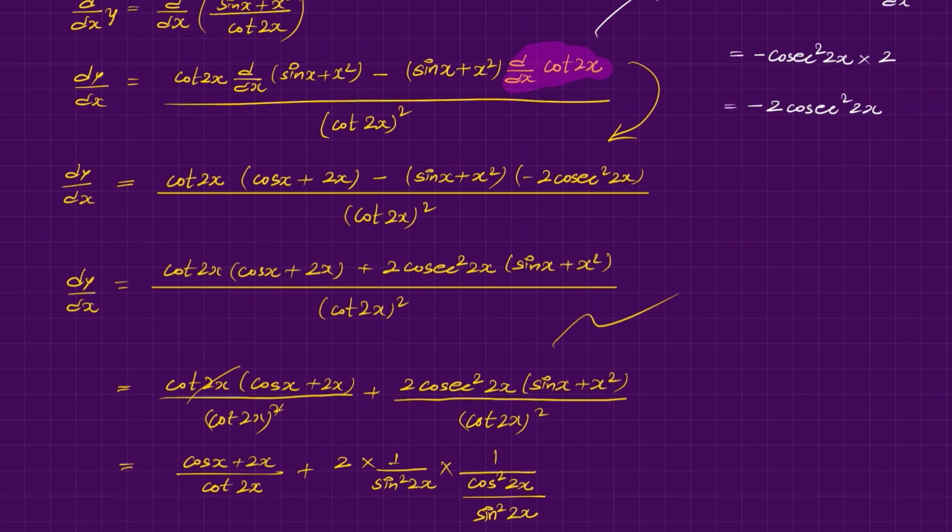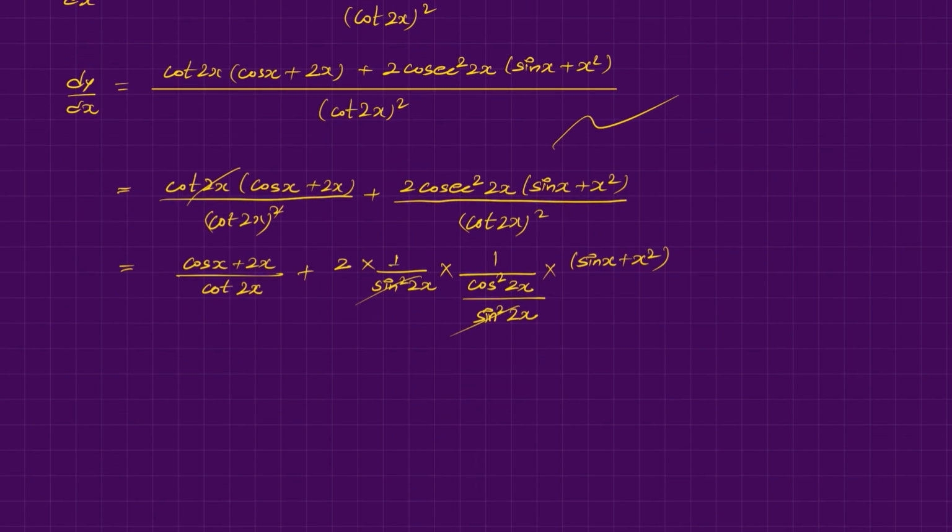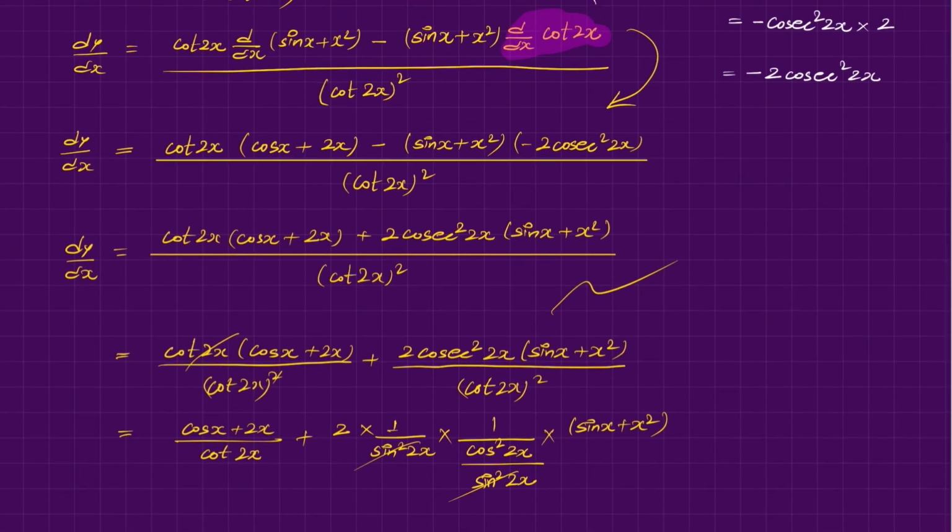So here it is 1 times (sin x + x²). Here sin² 2x gets cancelled, so therefore dy/dx equals, now 1/cot 2x can be written as tan 2x, times (cos x + 2x), plus 2 times 1 over cos² 2x, which can be written as sec² 2x, times (sin x + x²). So this is the simpler form, but you can keep your answer up to here also.